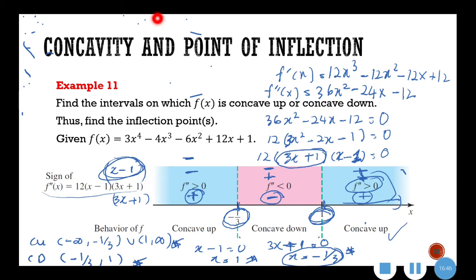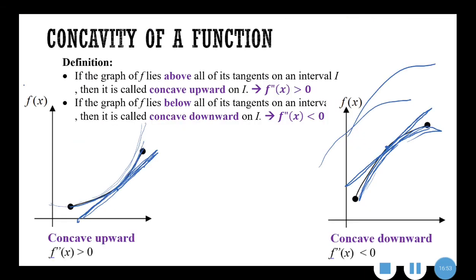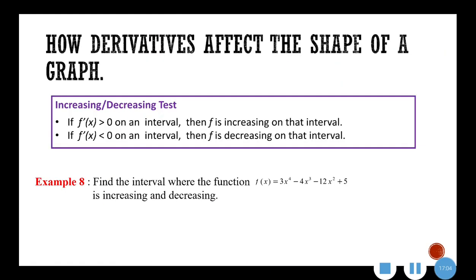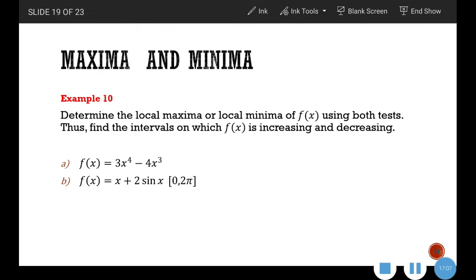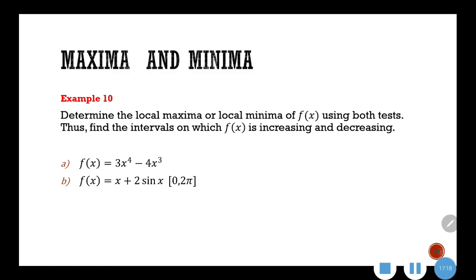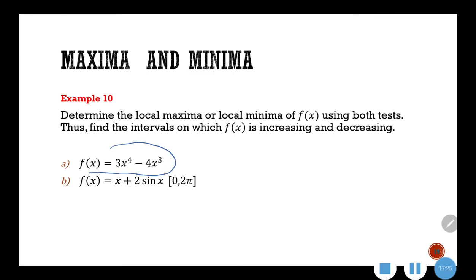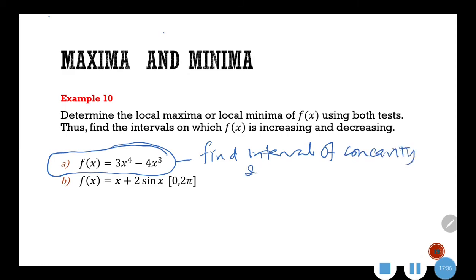Okay, so for last class participation point, I want you to repeat the last example that we did just now, example 12, using example 10a, using this equation, find interval of concavity and inflection points as well.